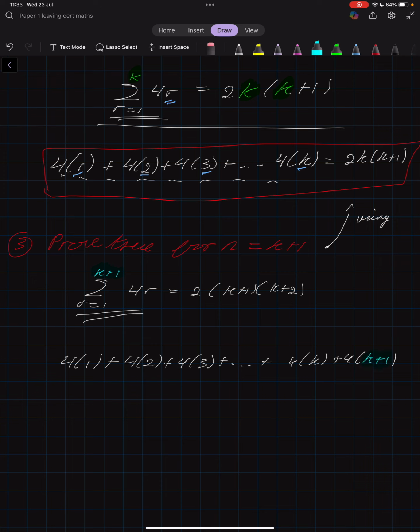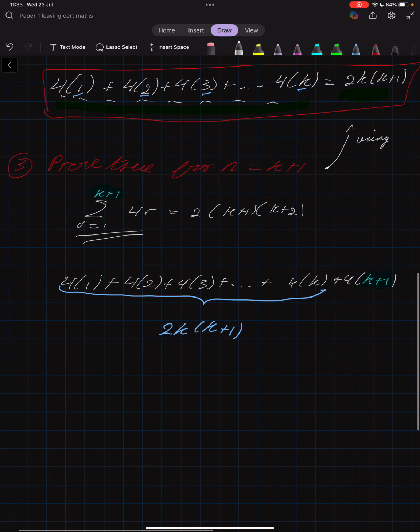Okay? And now, using this information back up here, I can say, well, hold on, if I add up 4 times 1, all the way up to k, I get this thing, which means I can just replace this with 2k, k plus 1. So I can just replace that with that. And so what am I left with?